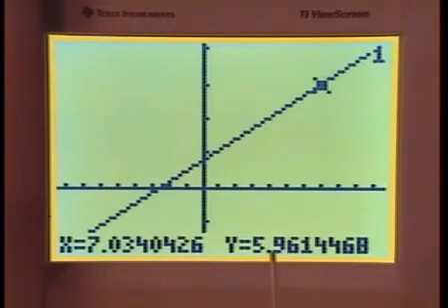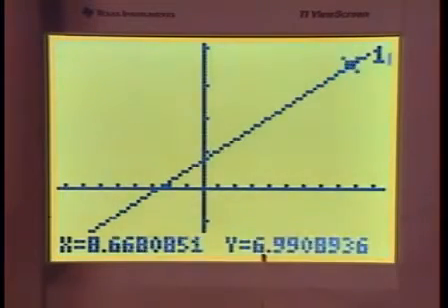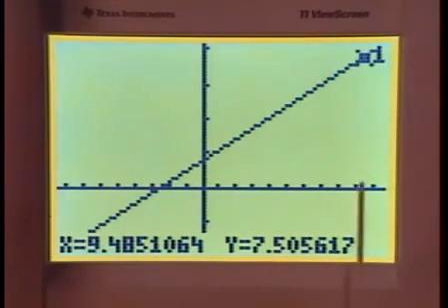And the third question was, how many drops are required to form a blot that is 10 centimeters? The question now is reversed. We're saying if y is 10 centimeters, how many drops would I need? Well, I think I need to zoom out again, because if I keep on going up, I won't reach 10 in this window. So either I go to window or I zoom out.